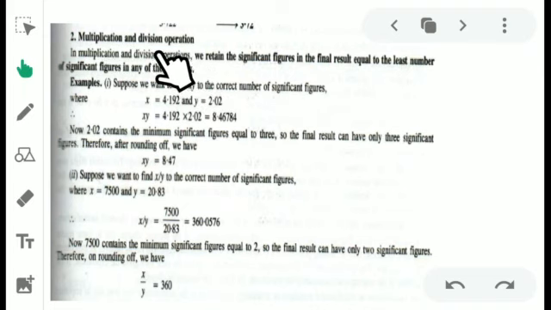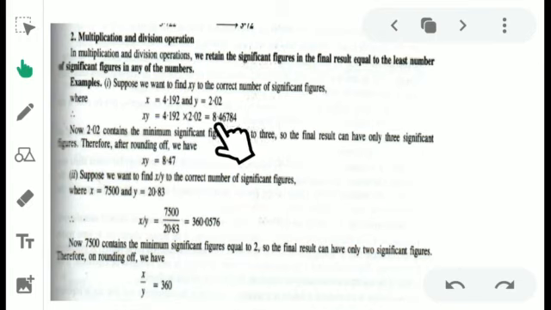Next, multiplication and division operations. Here we are going to divide 4.192 by 2.02. The number of significant digits in 4.192 is 4, and the number of significant digits in 2.02 is 3. Now when you compute, you get 8.46784. Here the number of significant digits is 1, 2, 3, 4, 5, 6.